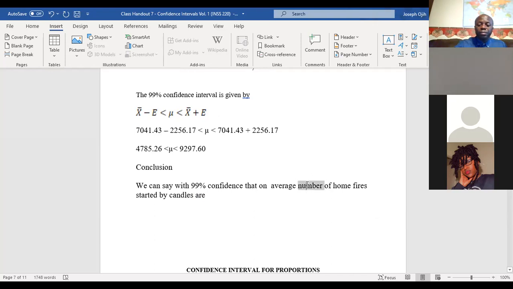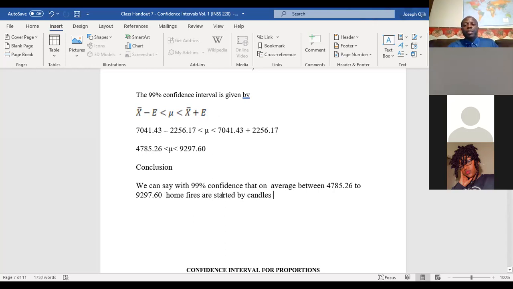between 4,785.26 to 9,297.60 home fires are started by candles.